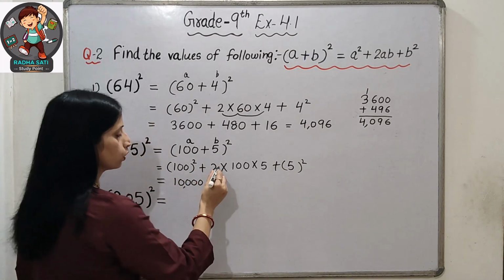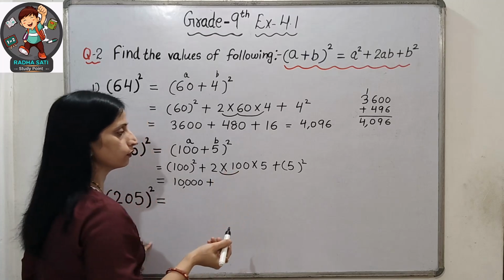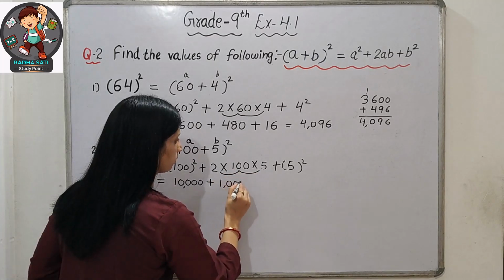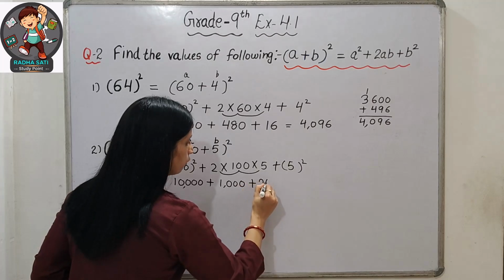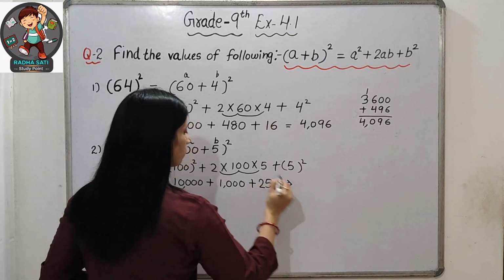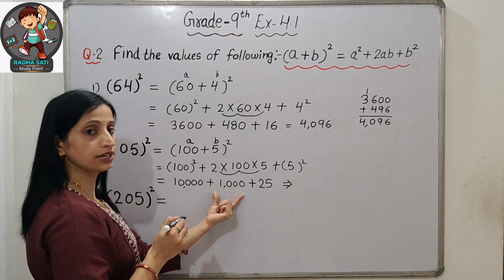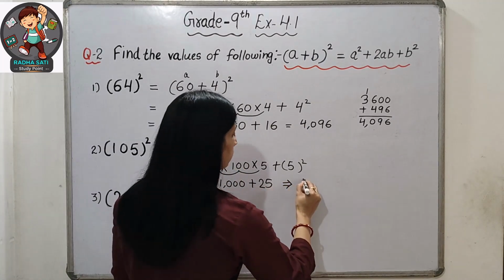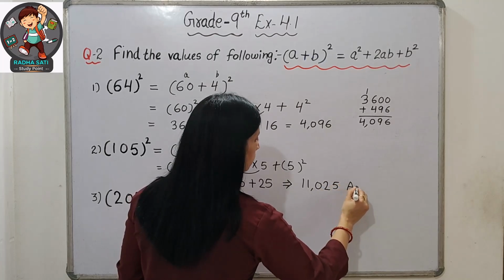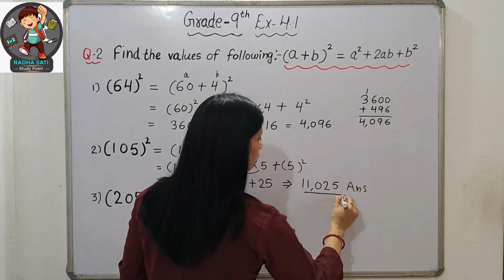Plus 2 multiplied by 100 will give you 200, 200 into 5 is 1000, plus 25. 25 is the square of 5. Let's add them. 10,000 plus 1,000 is 11,000, and this will be 11,025. So our answer will be 11,025.